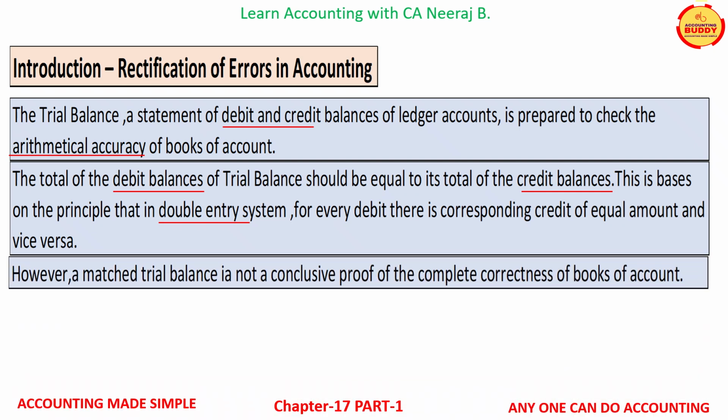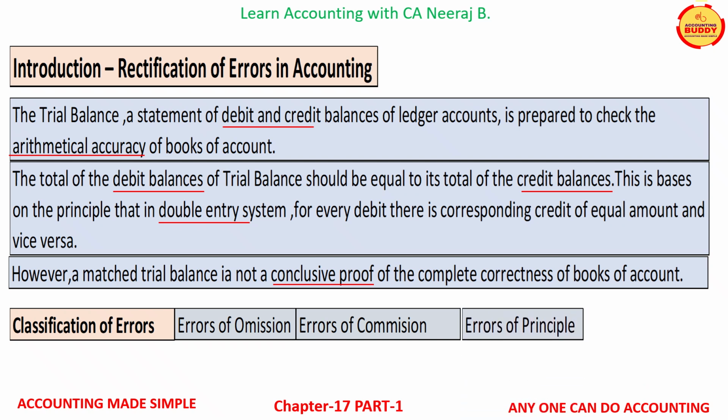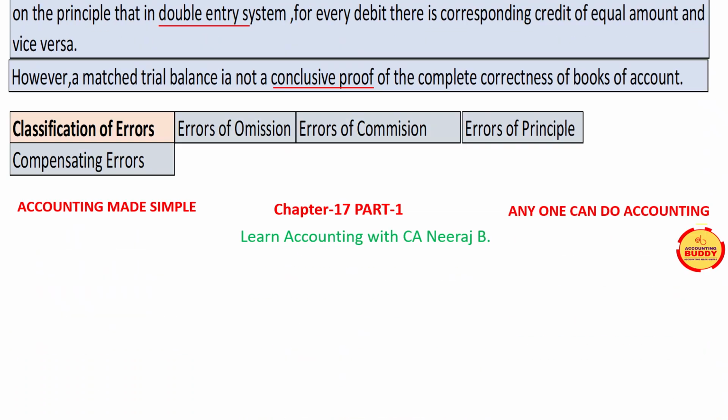However, a matched trial balance is not a conclusive proof of the complete correctness of the books of accounts. Errors can be classified into error of omission, error of commission, error of principle, and compensating errors. We will learn these errors in detail in subsequent slides.